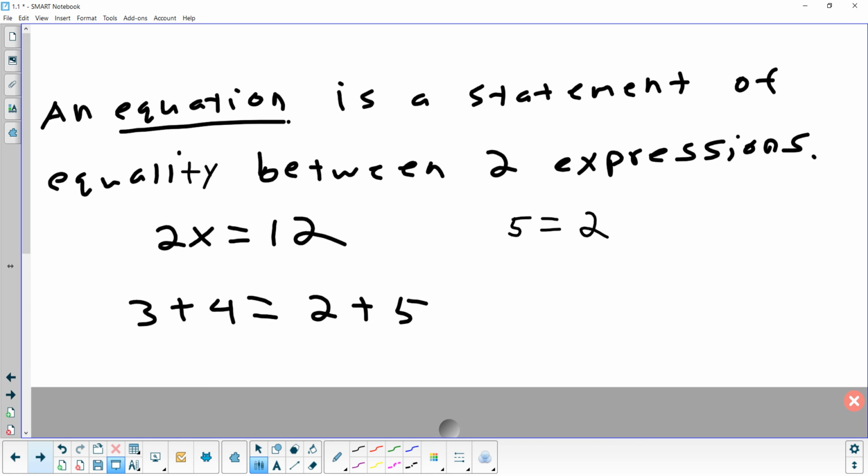This first one, 2x equals 12, we call that a conditional equation. It could be true. There's a condition to make it true. You have to pick the right value for x. This other one on the right, 5 equals 2, that's a contradiction. That's an equation that is never true.